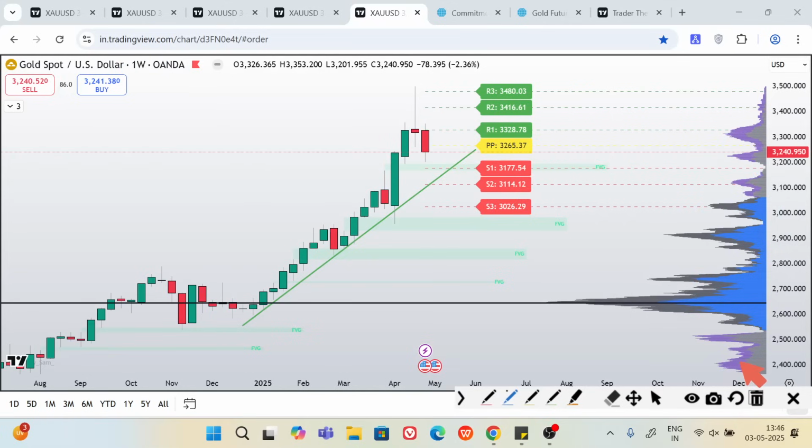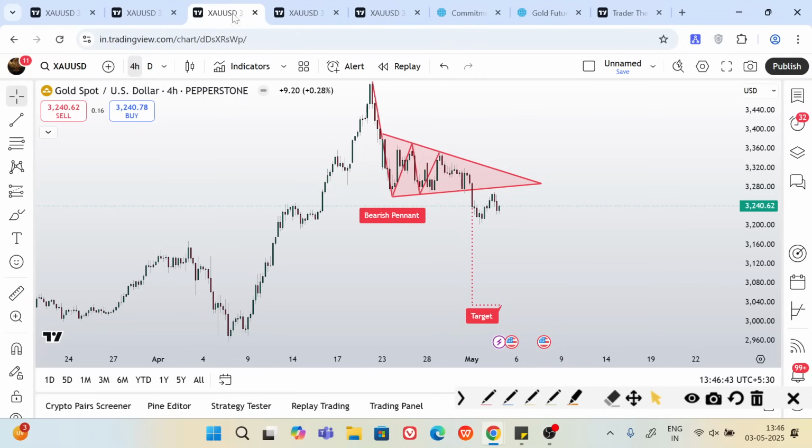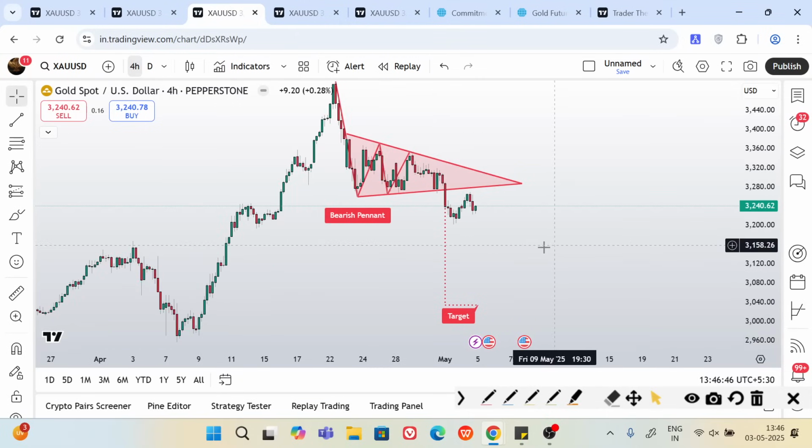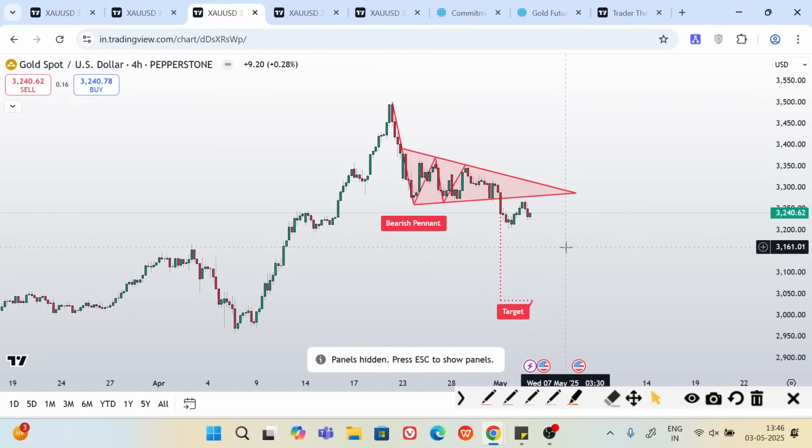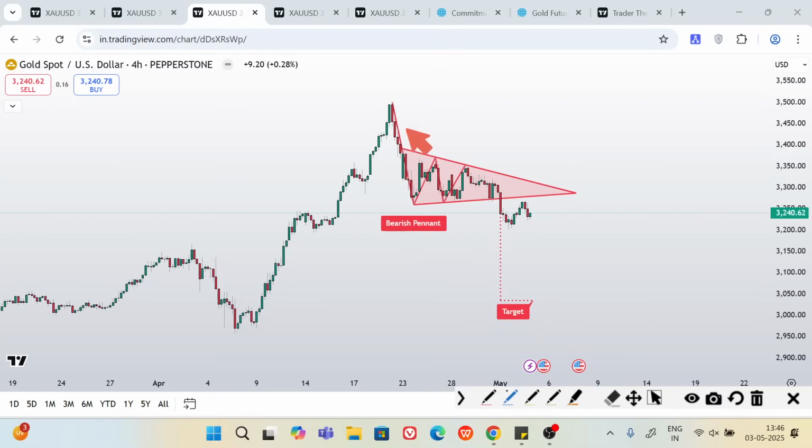Now, if we move on to lower time frame, that is on 4-hour time frame, you can see this is the 4-hour time frame, and on 4-hour time frame you can see the price is currently breakdown from this bearish pennant structure, as you can see right over here, and after consolidating inside this pennant, price breakdown and again try to test or almost tested this low, and now moving down.